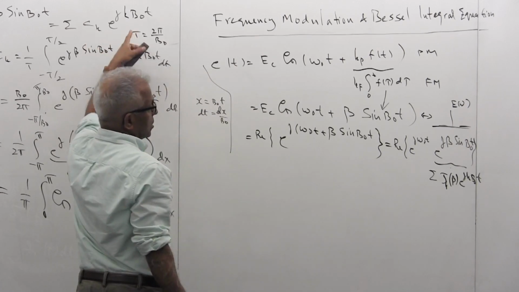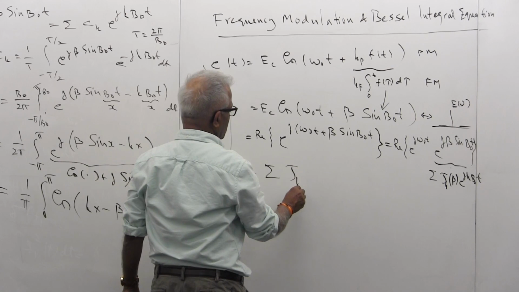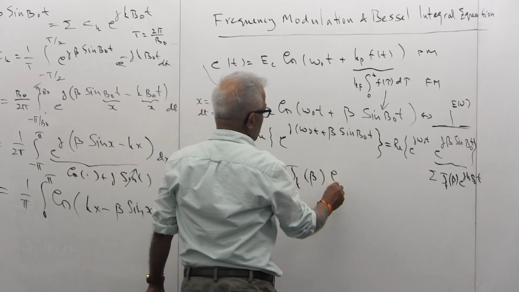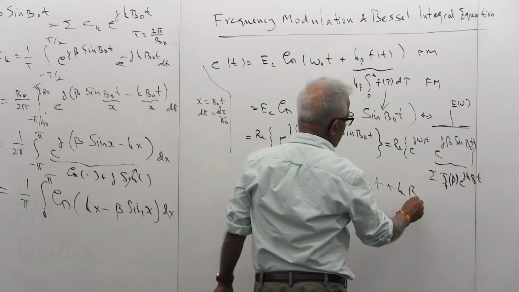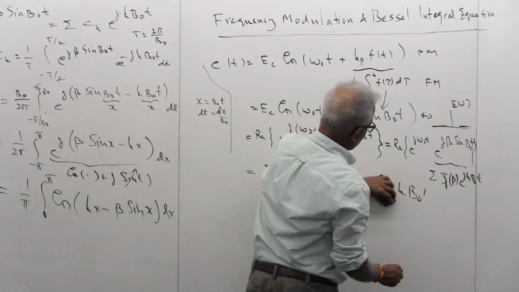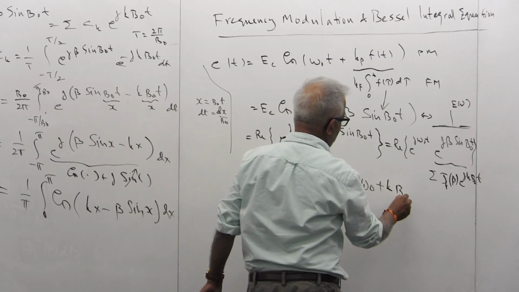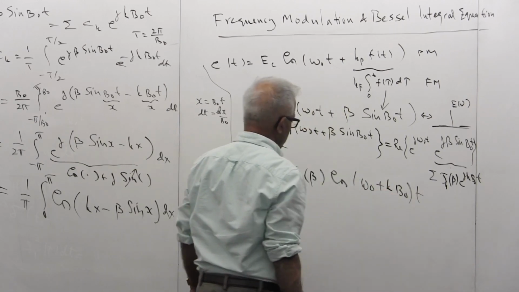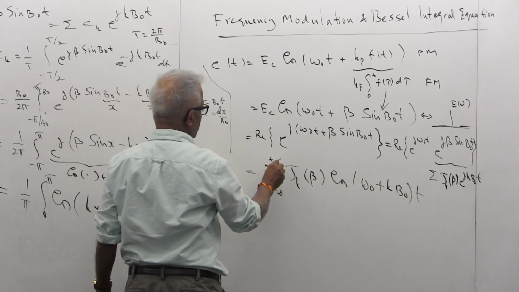From here I substitute it. If you put everything together, this simply reads the sum of j_k of beta cosine of (omega naught t plus k b naught t), where k goes from minus infinity to plus infinity.